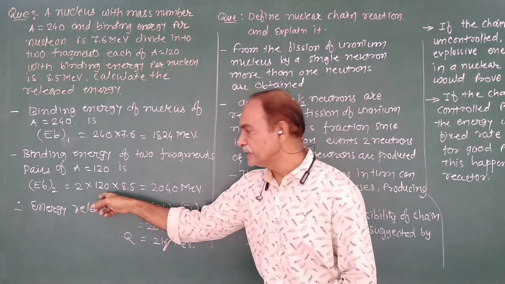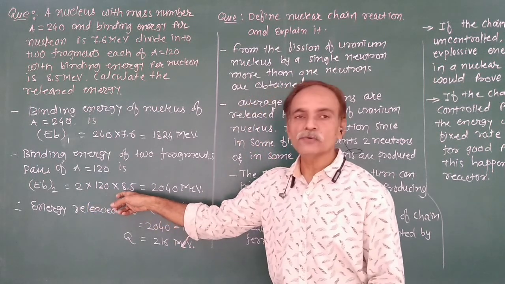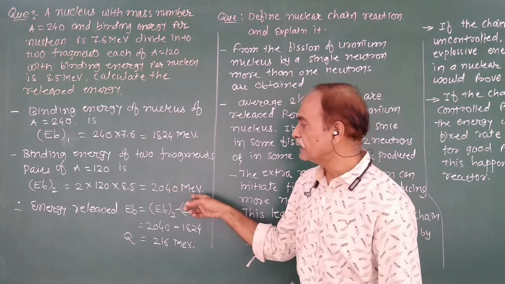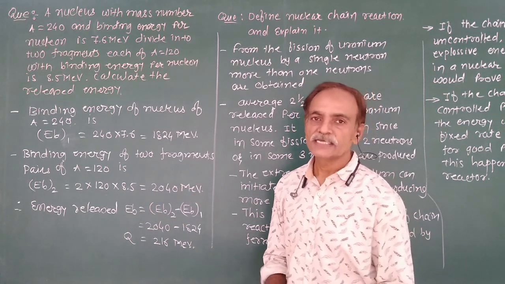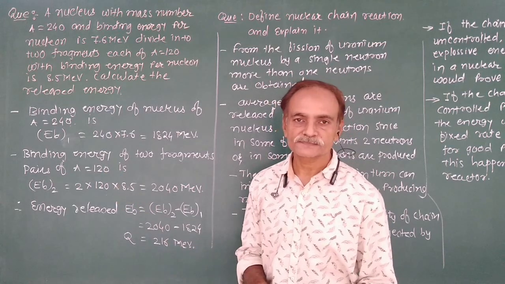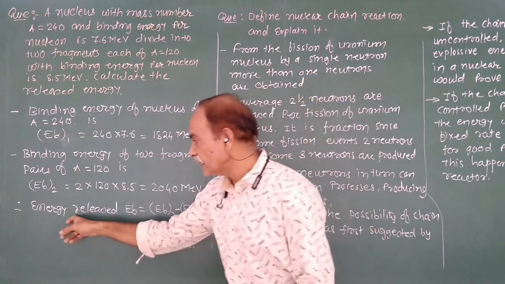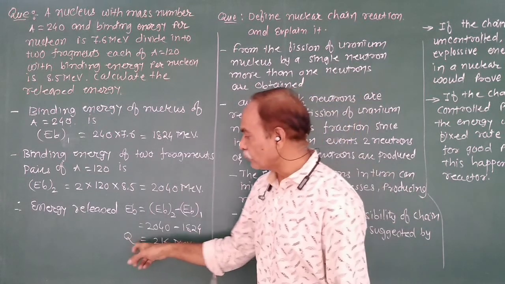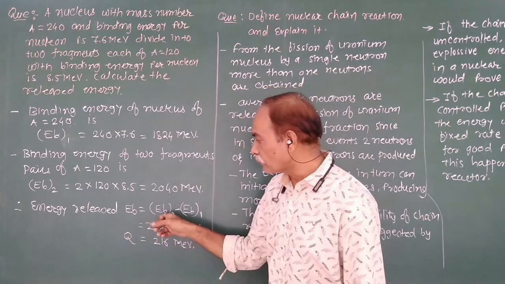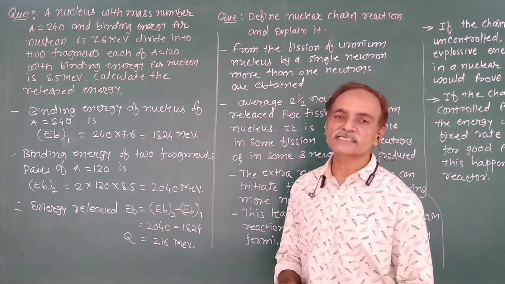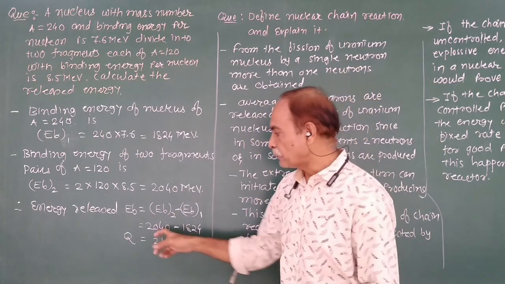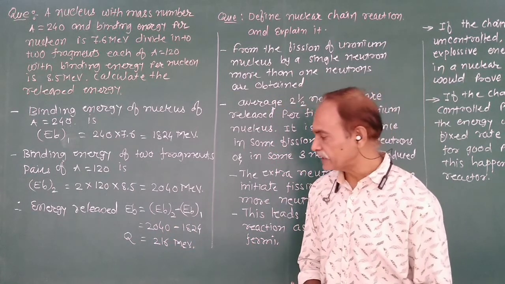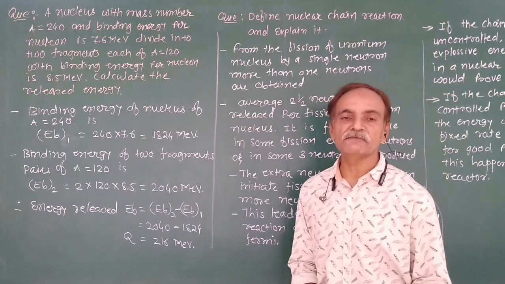Therefore 2 into 120 into 8.5, that means 2040 MeV is the energy of the fragments. Therefore, total energy released, the Q value, is equal to final total energy minus initial energy before the reaction. Therefore, 2040 minus 1824 MeV. Therefore, 216 MeV energy is released.